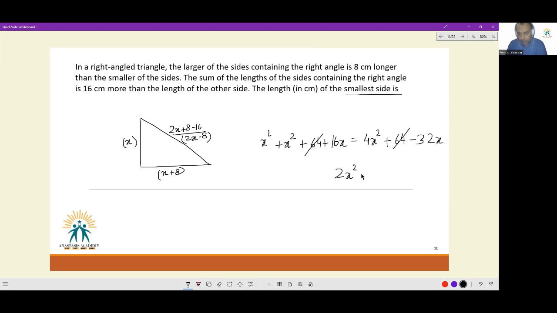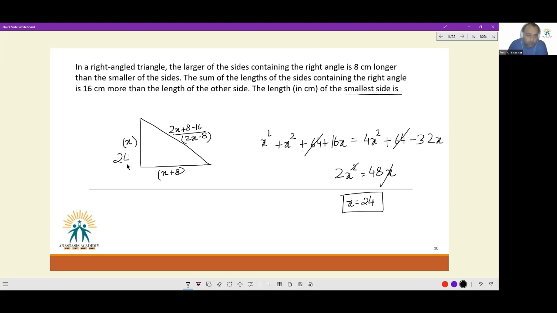We get 2x square is equal to 48x. 1x gone. Why I'm able to cancel it off happily is I know x is not equal to 0. So cancelling will not be a problem. I will definitely get x as a positive number. And therefore x is equal to 24.